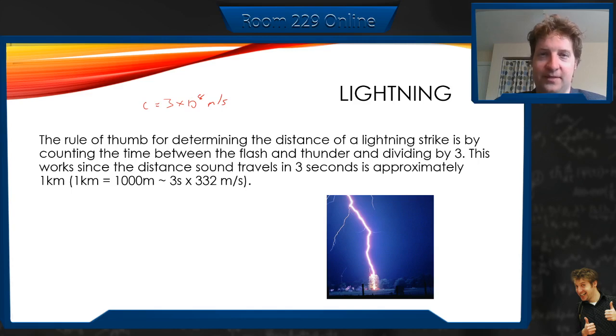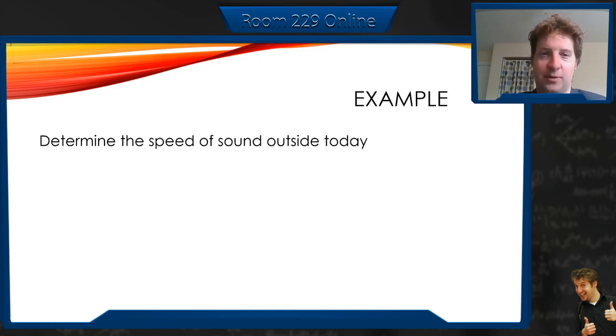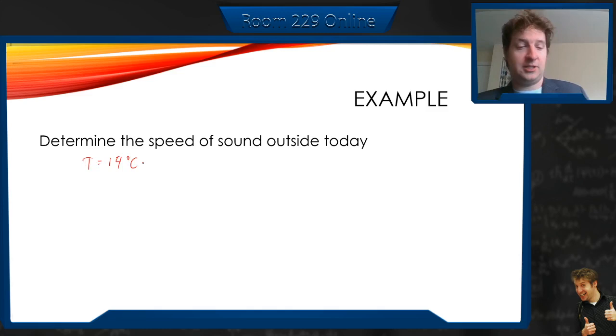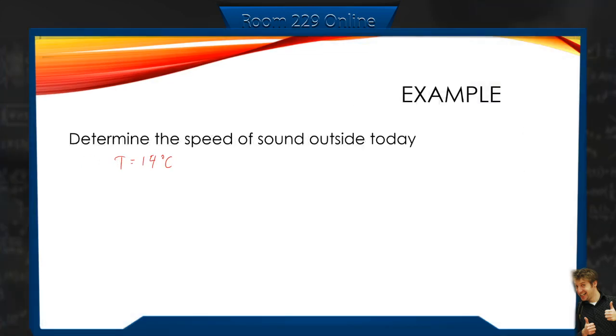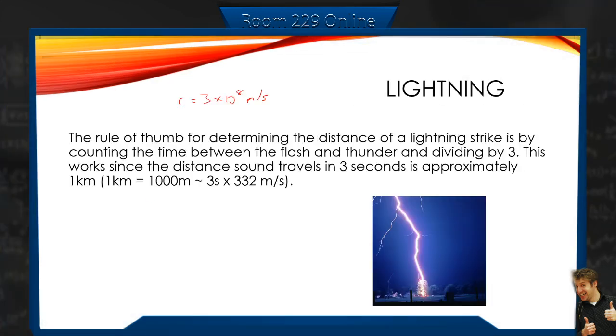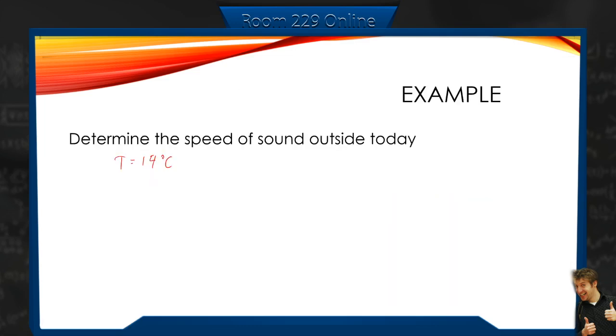Okay? Let's do a quick example. What is the speed of sound today? Currently the temperature, as I'm writing this, is about 14 degrees Celsius. So what is the speed of sound at that time? The speed is going to be equal to 332 plus 0.59 T, where that's a capital T for temperature.